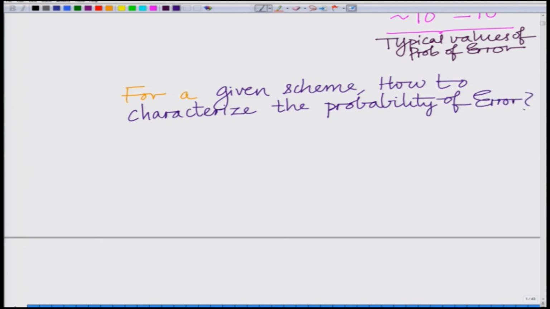For a given scheme, how to characterize the probability of error.